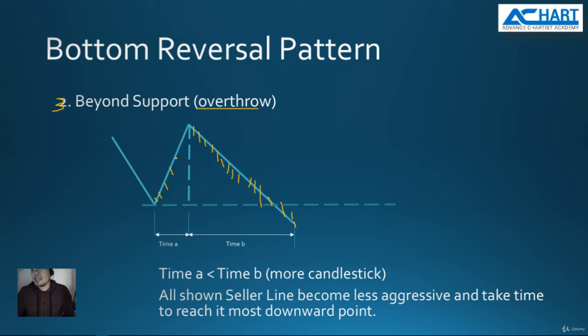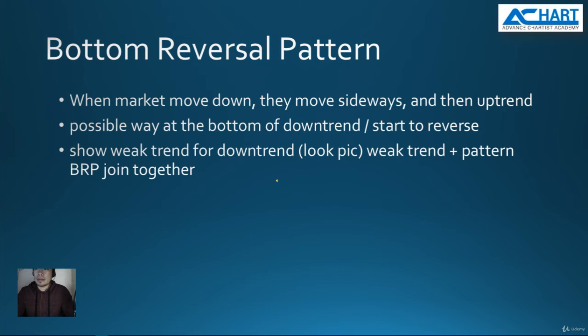When the market moves down, it actually moves sideways and then moves uptrend. There is a possibility that on its downtrend movement, it reaches its bottom and starts to reverse.